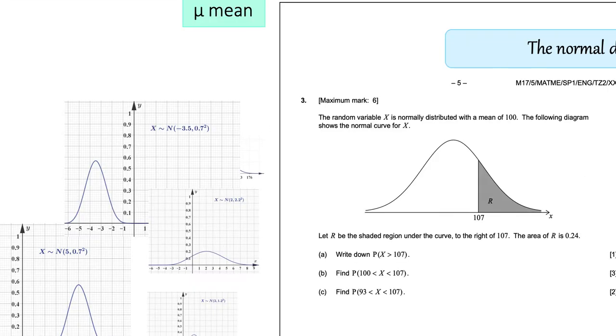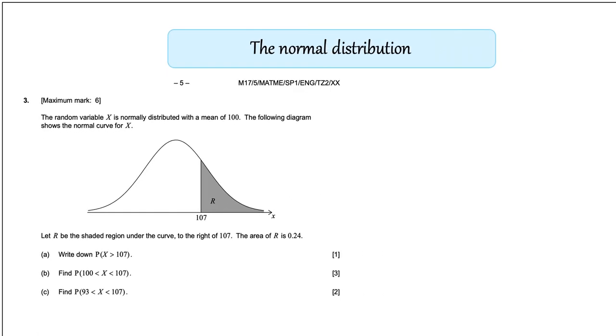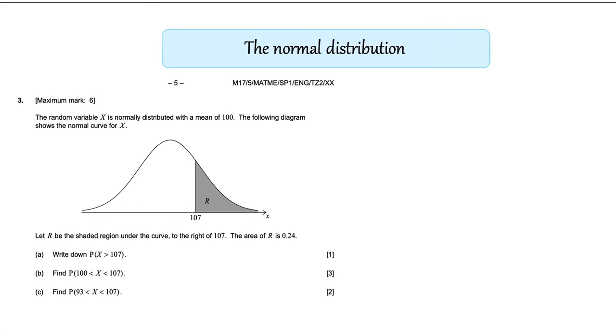So right away, it is quite useful to draw out what they're saying because it makes it more visual and it's easier to understand. So right there, they tell you that the mean is 100, so you know that right in the middle, it'll be 100. The following diagram shows the normal curve for x. Great.